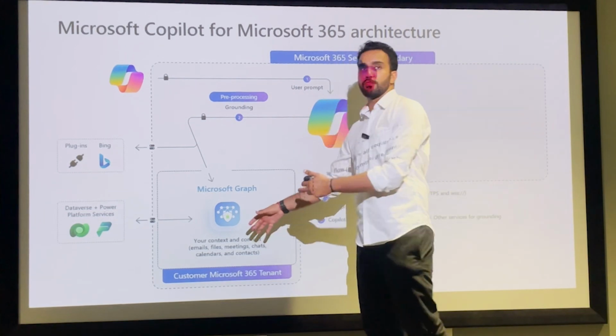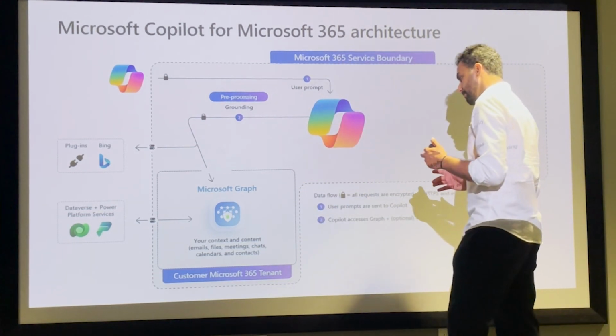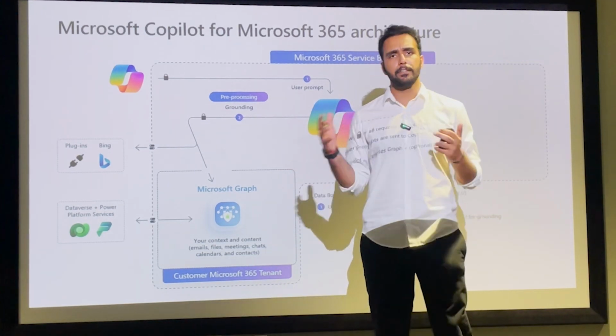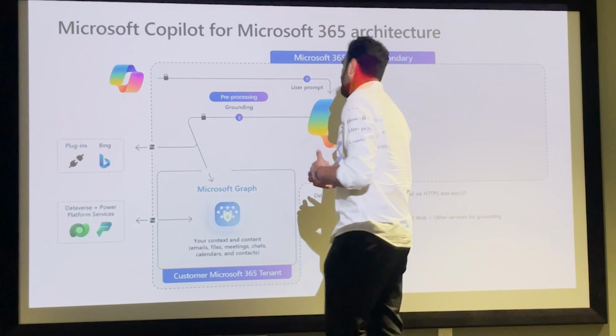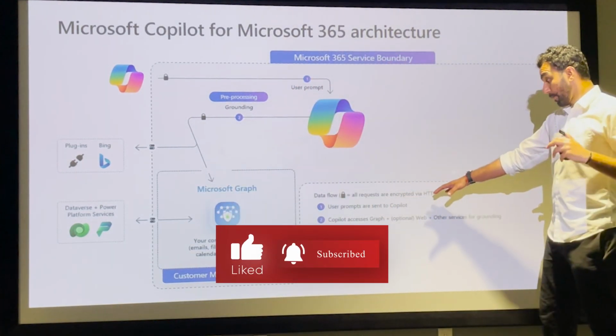It stays with Microsoft Graph, and Microsoft Graph does one process, and it does it really well. It makes the connectivity with the third-party applications, with the APIs, right? So it does the process of grounding. So the first step is user prompts are sent to Copilot.